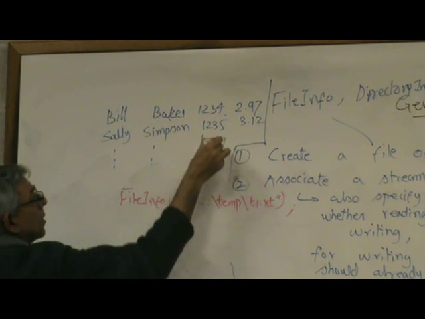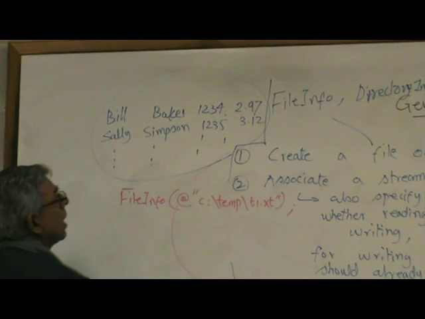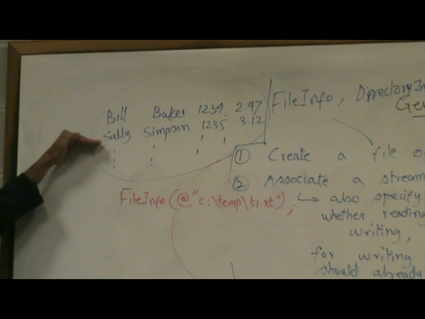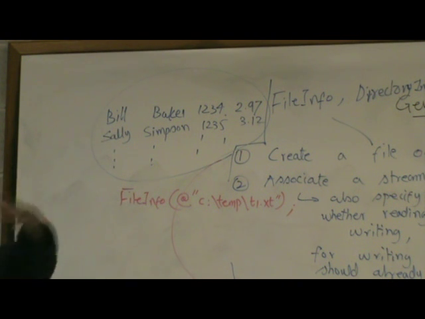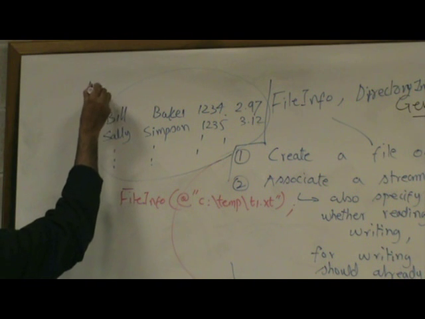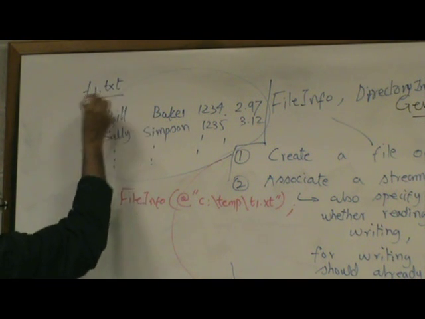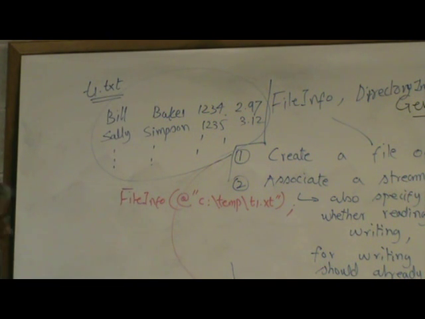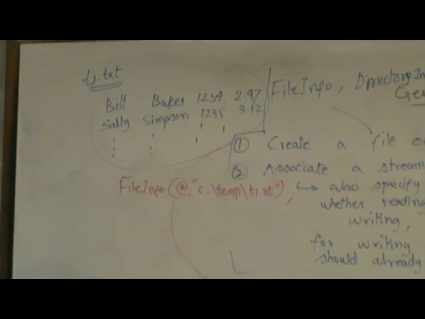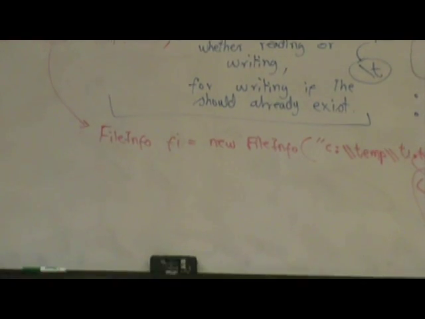And so on. So we wanted to read this file, and our goal was to read each student data and then store it in our database. Okay, so let's pretend this was already typed in a file called t1.txt, right? So we'll start out by FileInfo fi equal to new FileInfo c:\\temp\\t1.txt.